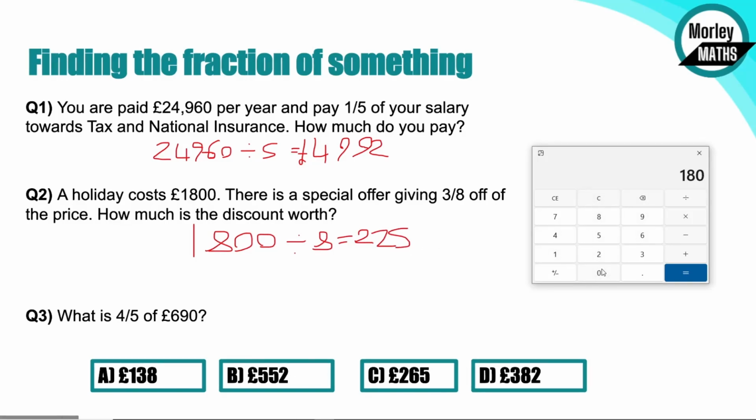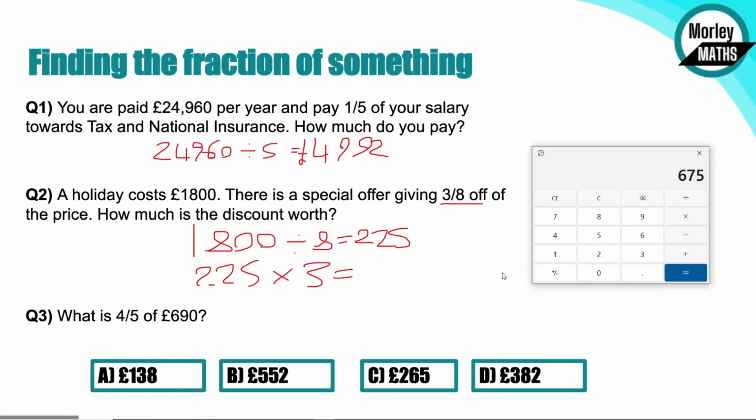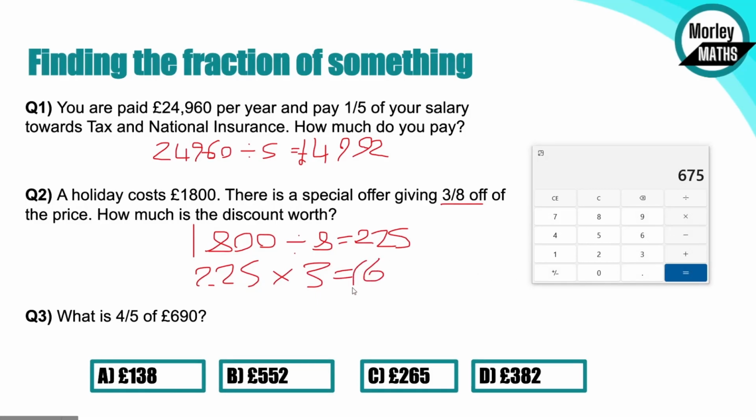So 1,800 divided by 8 equals 225. We've got the value of one part. We need the value of 3 parts, so we're going to times that by 3, and that gives us £675. So there's going to be £675 coming off for this particular offer.